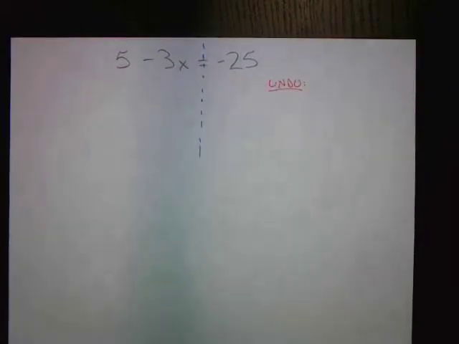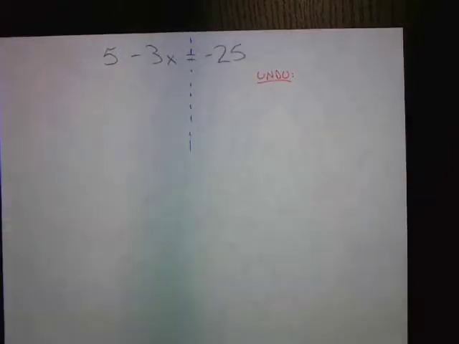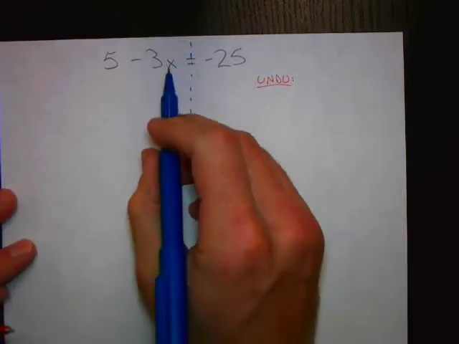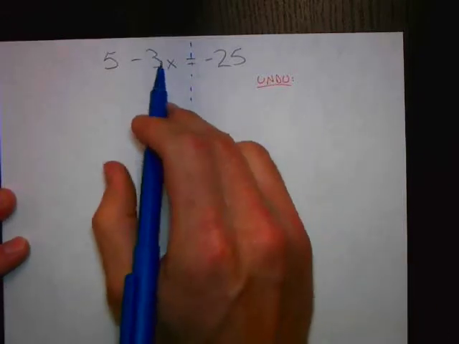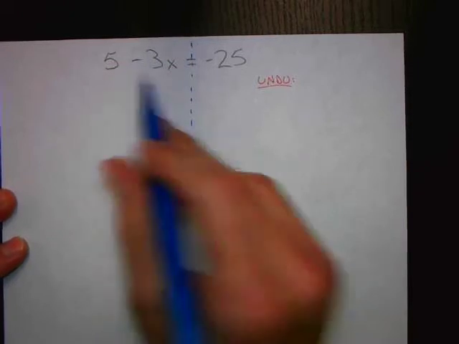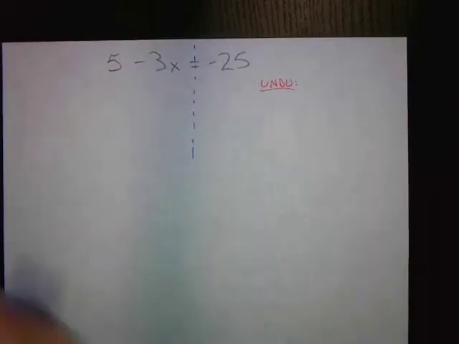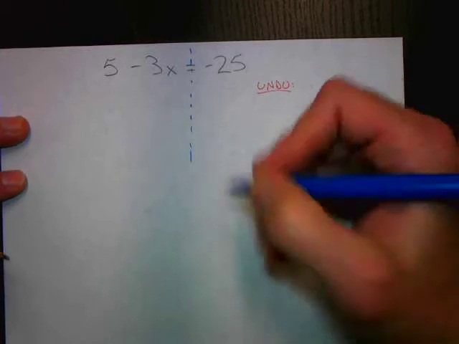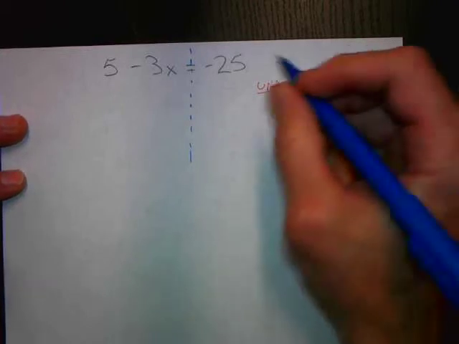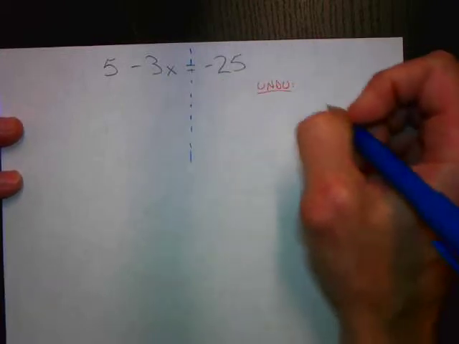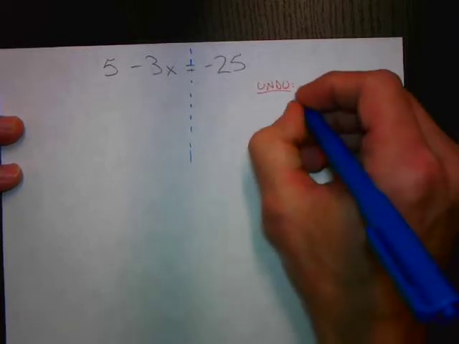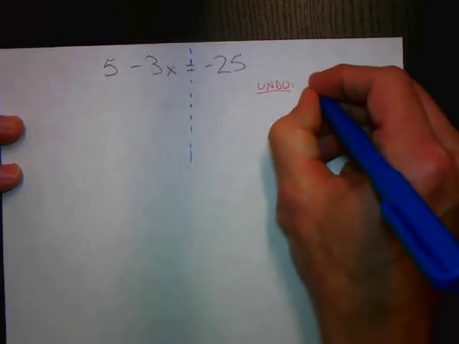And we're going to focus on what's happening to the variable. So to undo, we have to undo in the backwards order. The closest thing to the variable is the minus 3. The furthest thing from the variable is the 5. And so what we have to undo is the 5 first. You work backwards. You retrace your footsteps. So the furthest thing away is the first thing you take care of. So the first thing we have to undo is that 5.